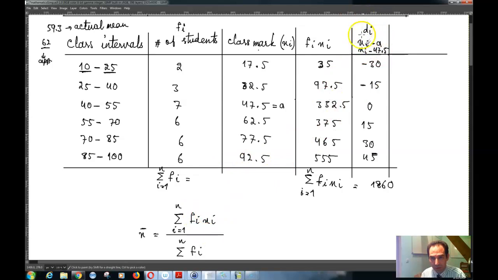The way to do it is not very easy, and probably you would not see it right now, but instead of calculating f of i times x of i, I write f of i times d of i.